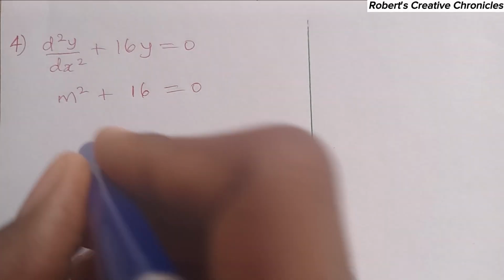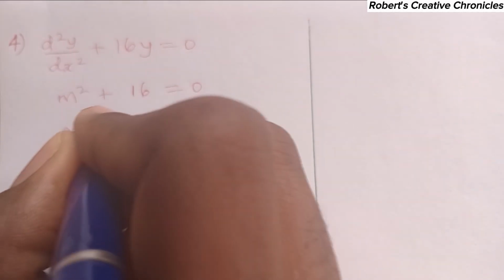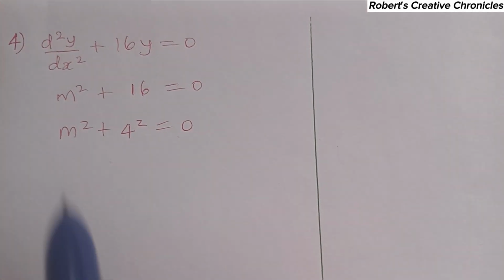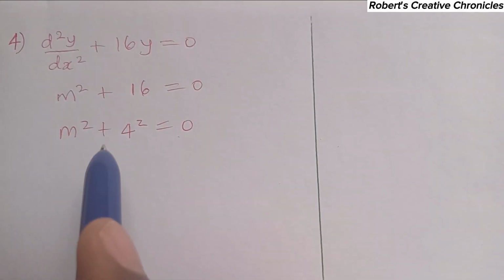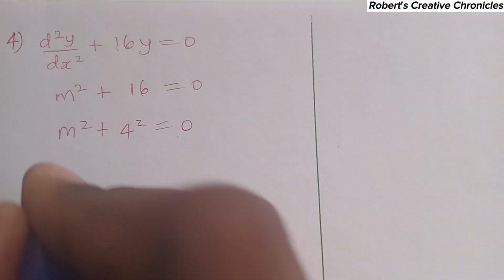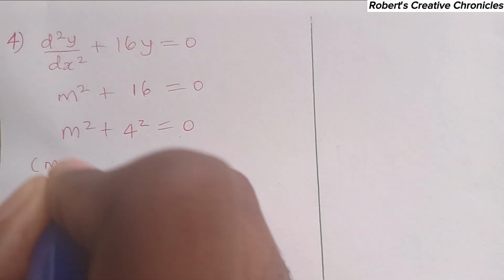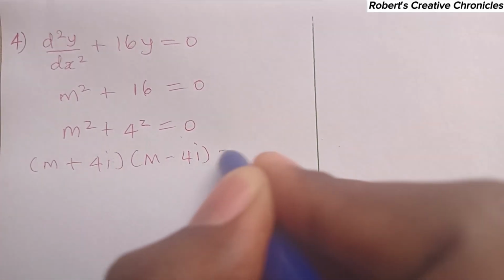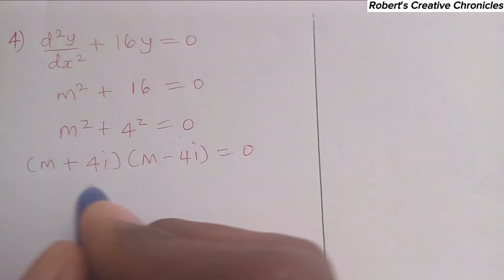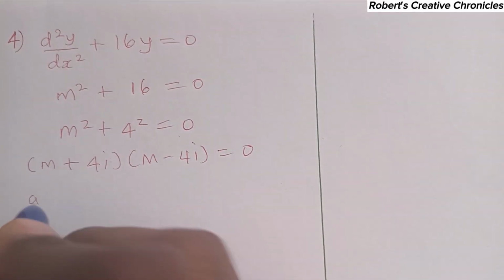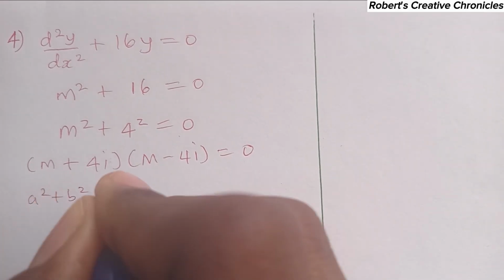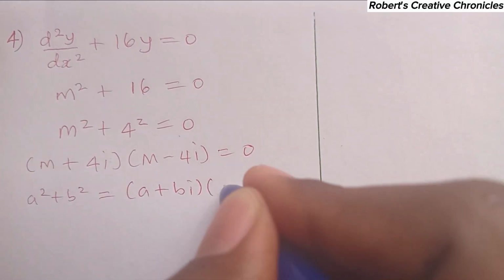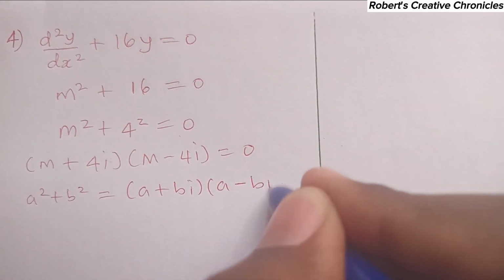So this becomes what? m squared plus 4 squared is equal to 0. So now this m squared plus 4 squared is given by m plus 4i, m minus 4i is equal to 0. Because a squared plus b squared is equal to a plus bi, a minus bi.